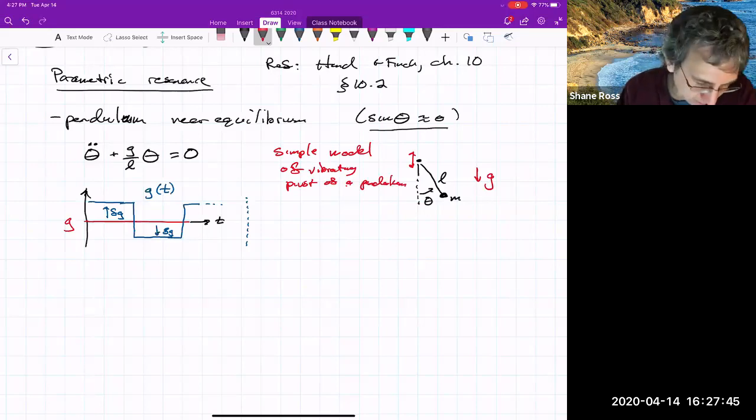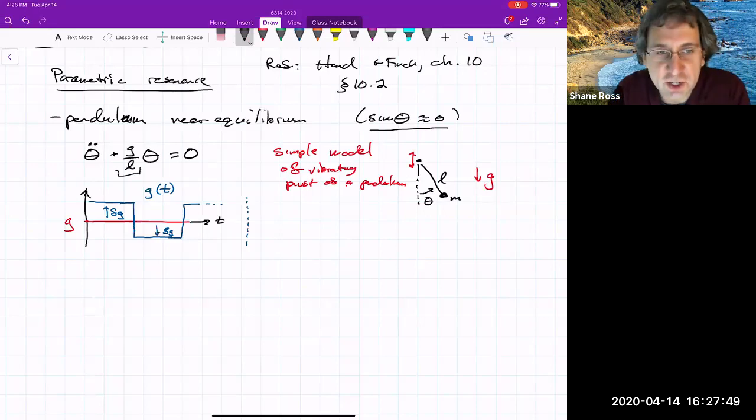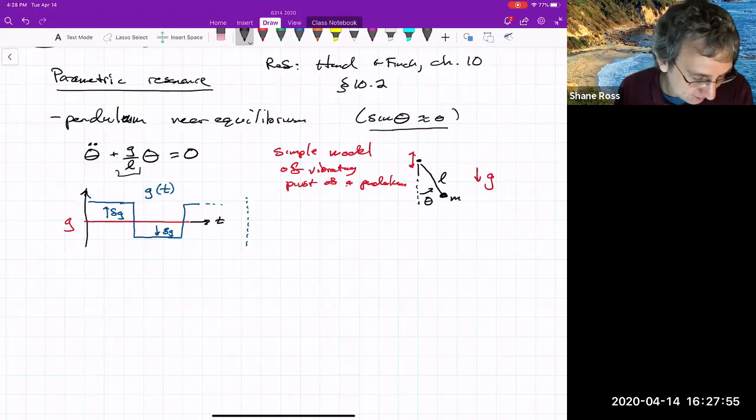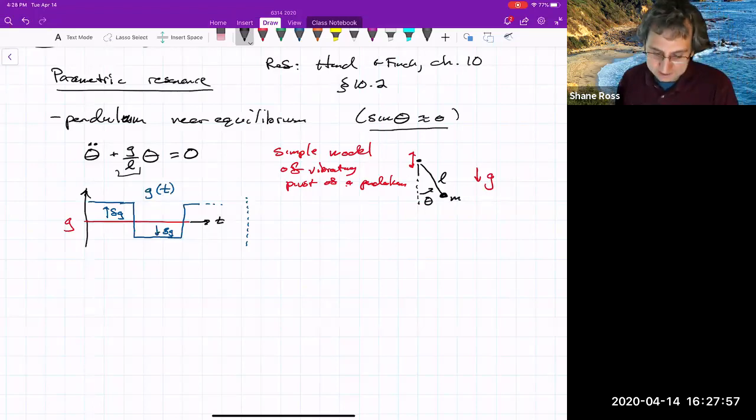And it's insightful. As I often like to do when I've got constants, I like to get rid of them. So we non-dimensionalize by rescaling. In this case, theta has no dimensions. G over L, though, has dimensions of 1 over time squared.